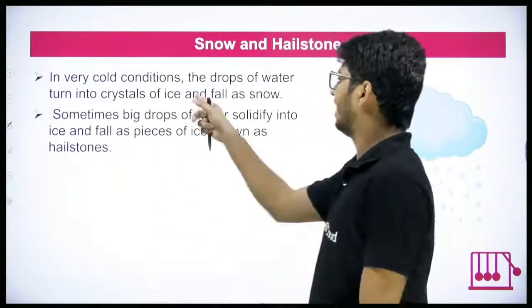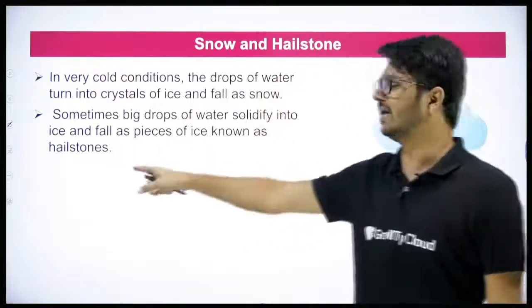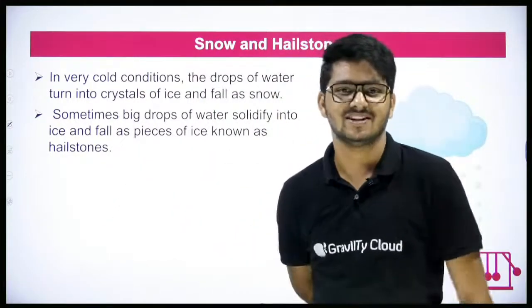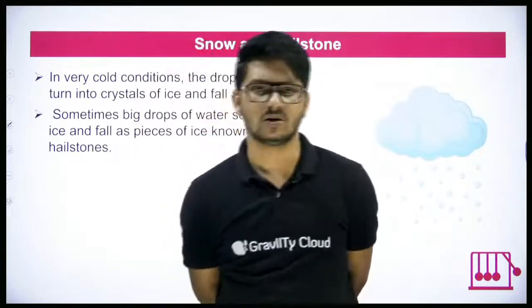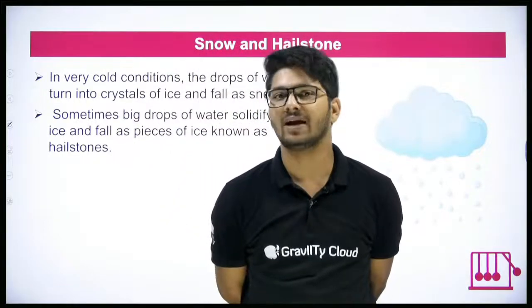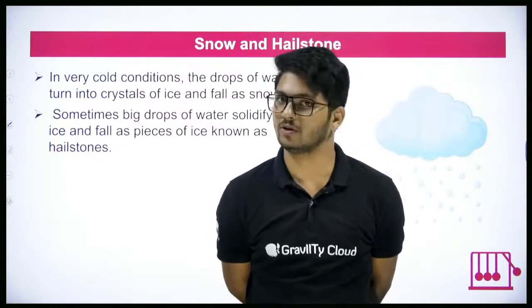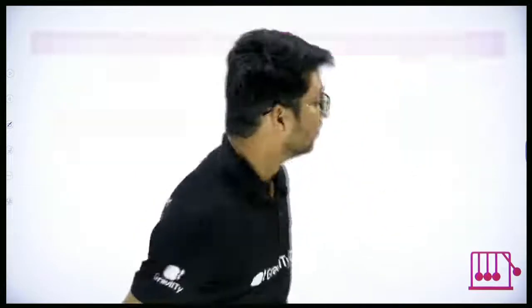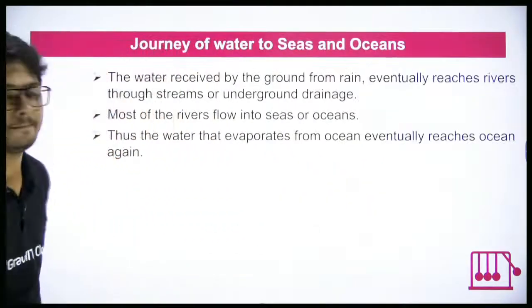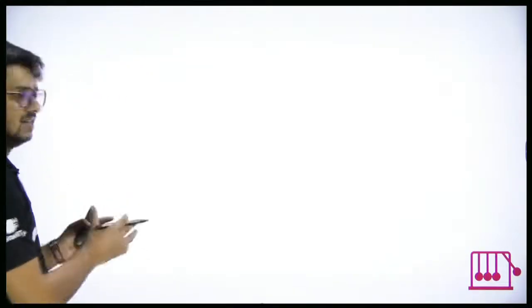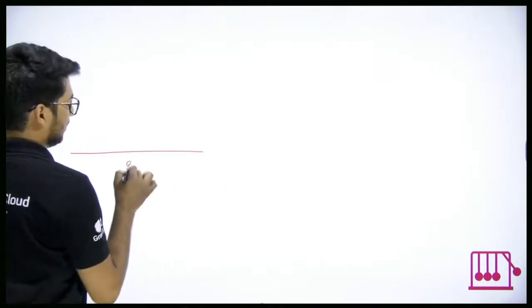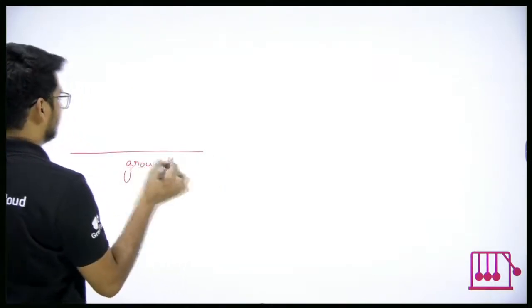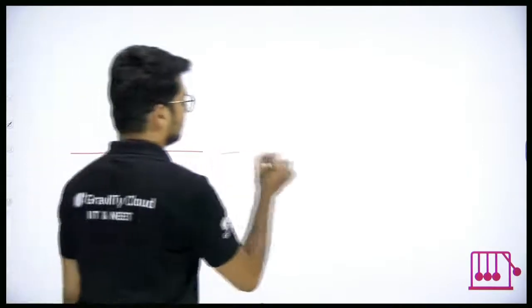Small ice crystals, snow. Bigger, hailstones. Clear? Good. So now we understood how clouds are formed and how rain occurs. We understood both of them. Okay. Now, if only this was happening, understand this: this is ground and let's say this is ocean.